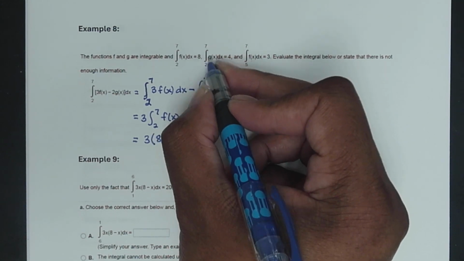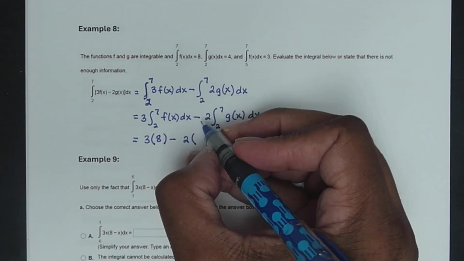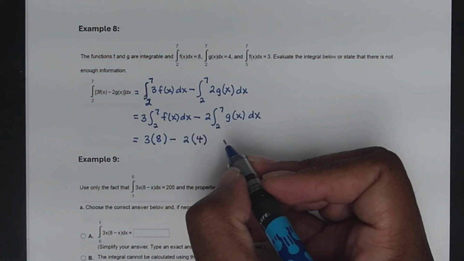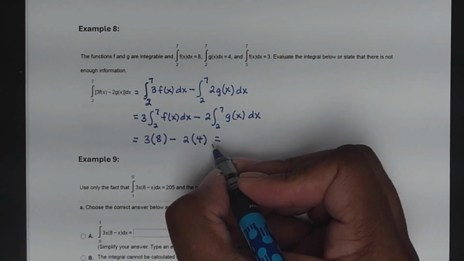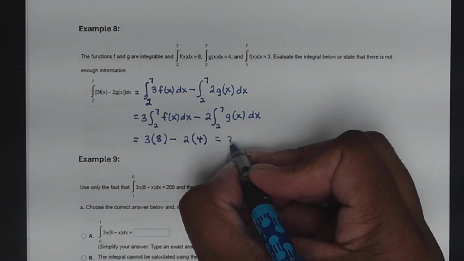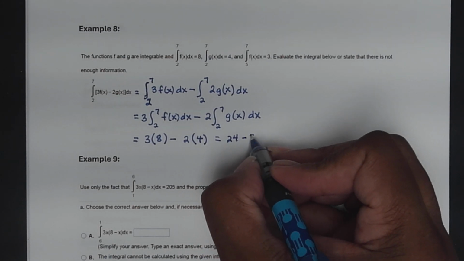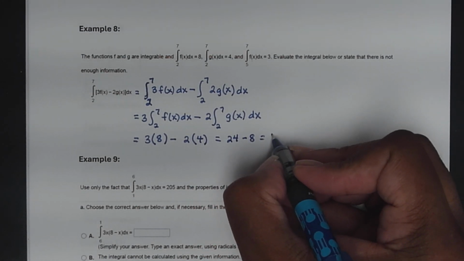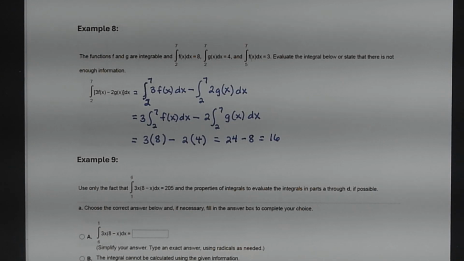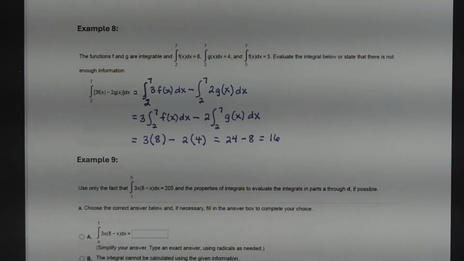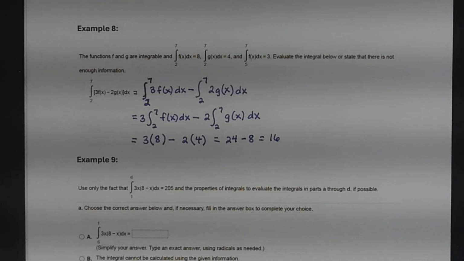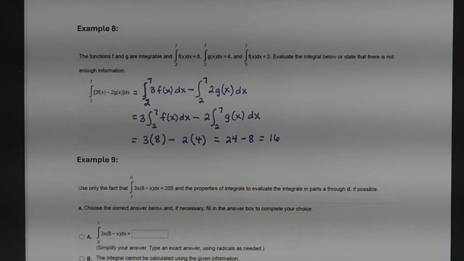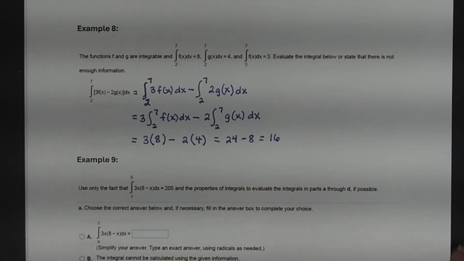That's going to be equal to 4. And then the next step would just be to simplify. 3 times 8, that's 24. Minus 2 times 4, that's 8. 24 minus 8 would be 16. So the integral from 2 to 7 of 3 f of x minus 2 g of x dx will be 16.